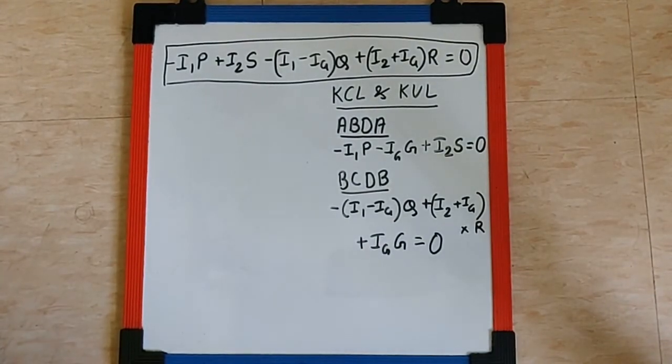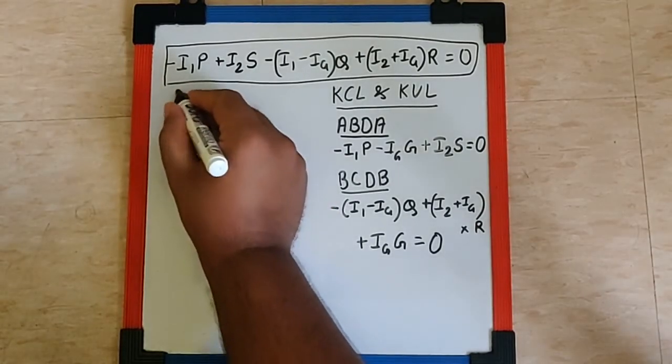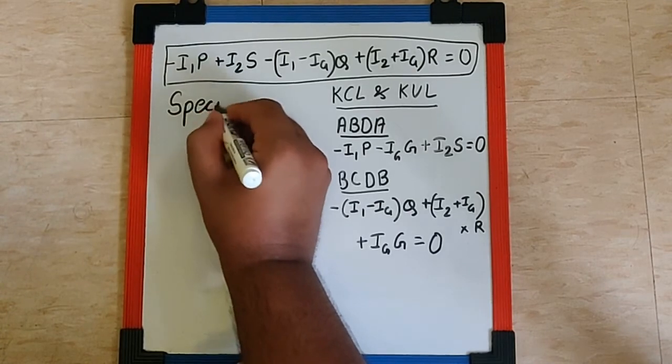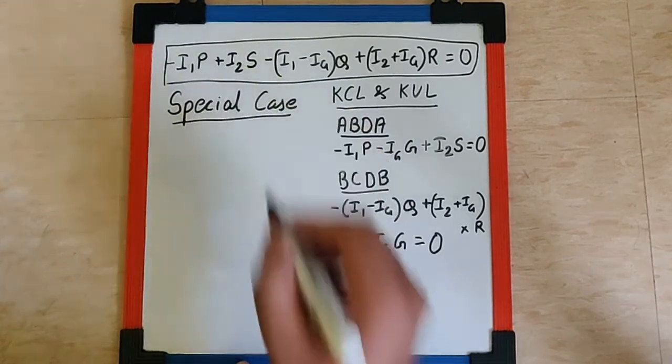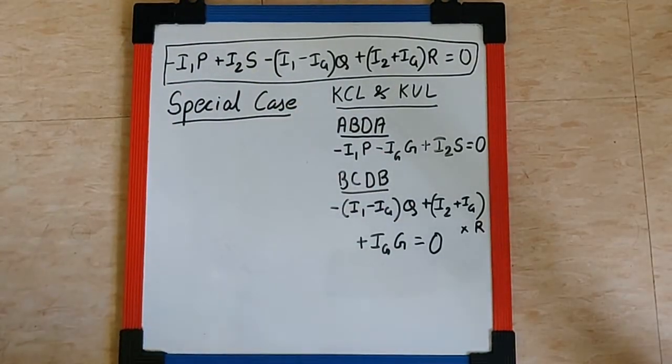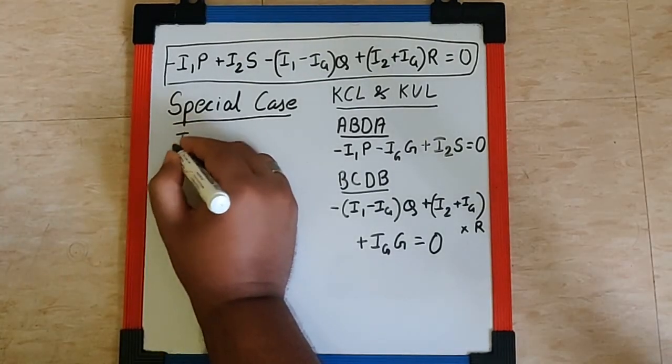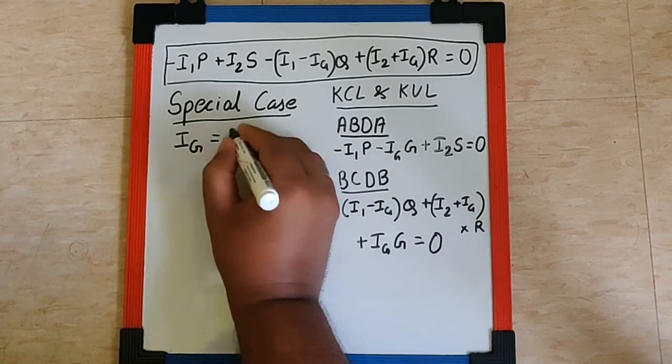But wait, there is a special case which we need to consider here. What if I arrange the resistances in the circuit in such a way that no current flows through the galvanometer? I repeat, I arrange the resistances in such a way that no current flows through the galvanometer, which means IG is equal to 0.